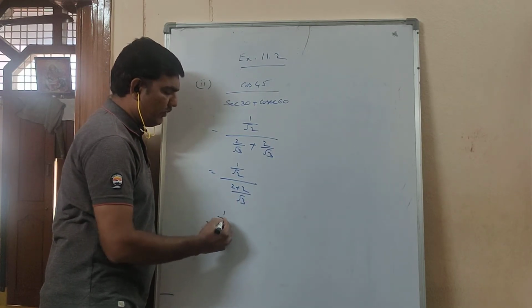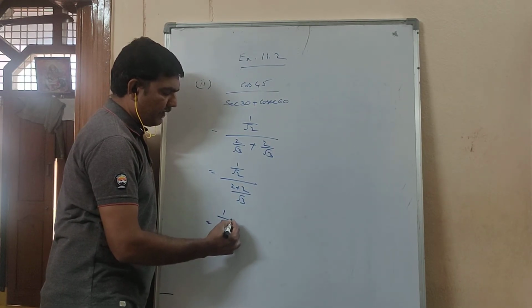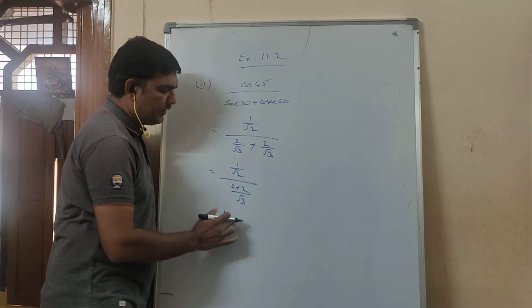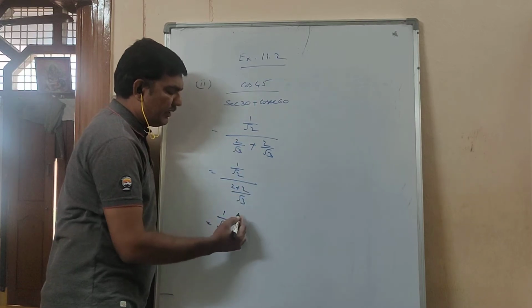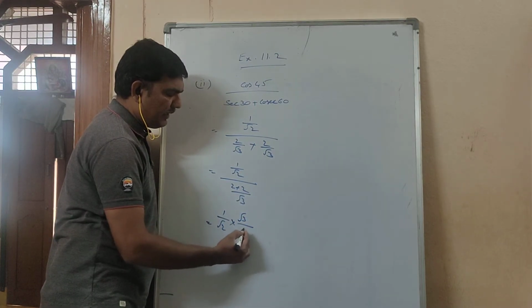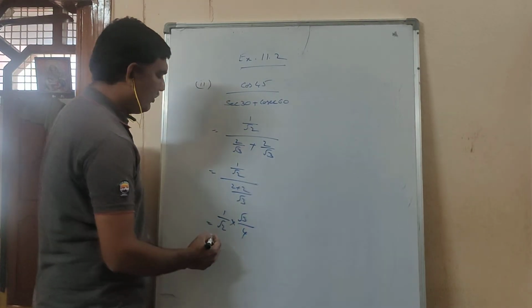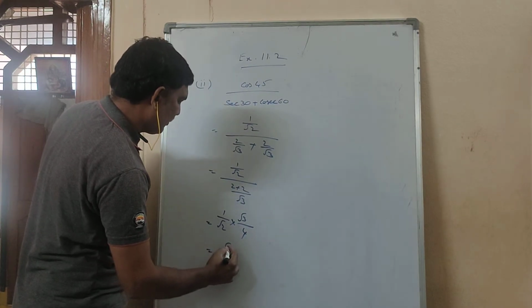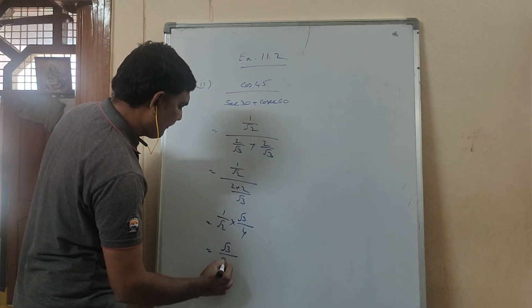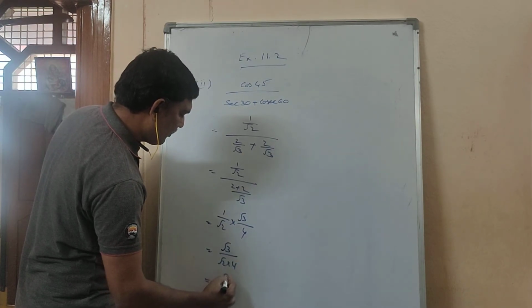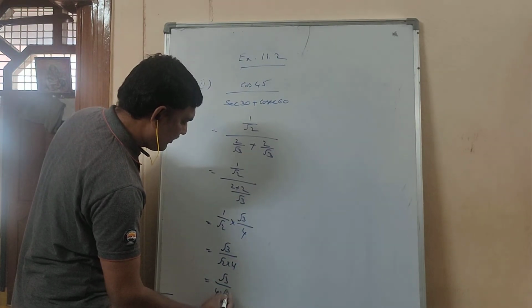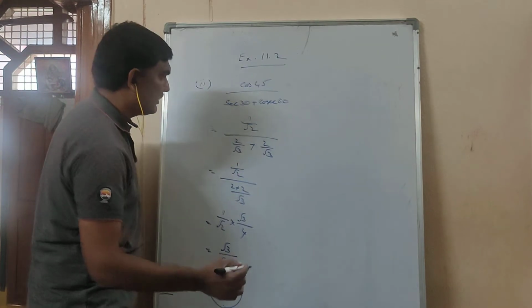And then here 1 by root 2 same, divided by becomes into here, 4 by root 3 is going to the numerator, then it becomes root 3 by 4. So how much you have is root 3 by root 2 into 4. Root 2 into 4 is 4 root 2. Root 3 by 4 root 2 is the answer.